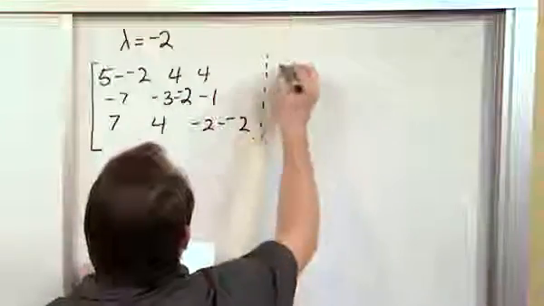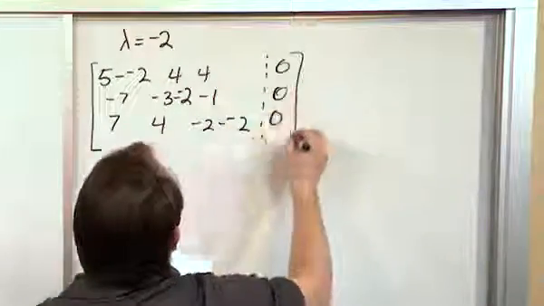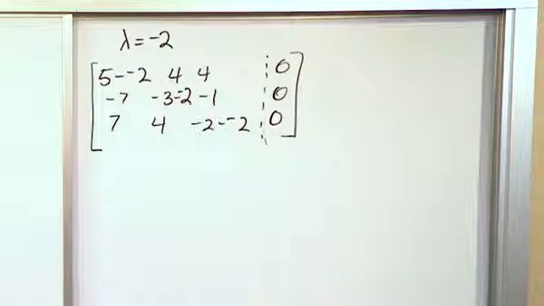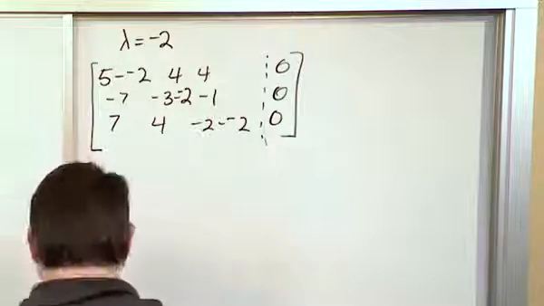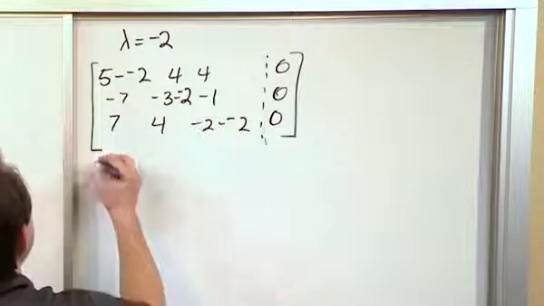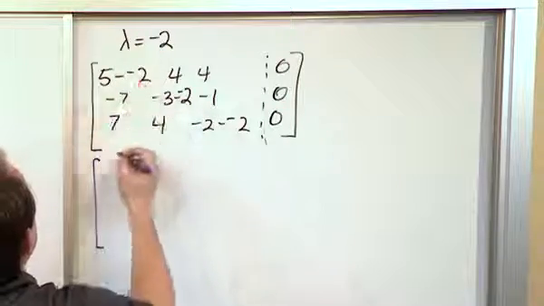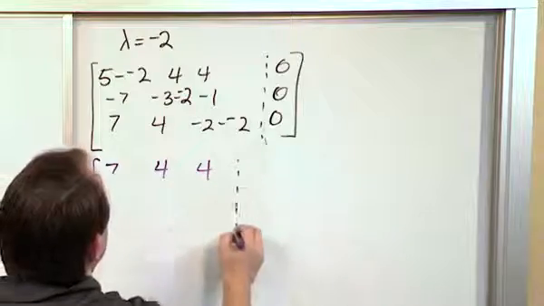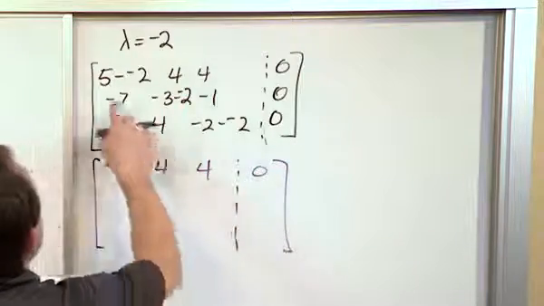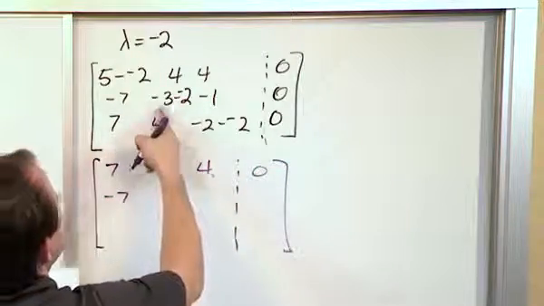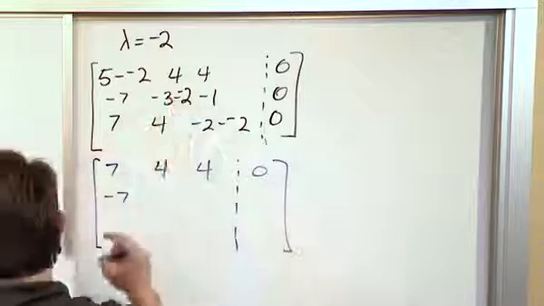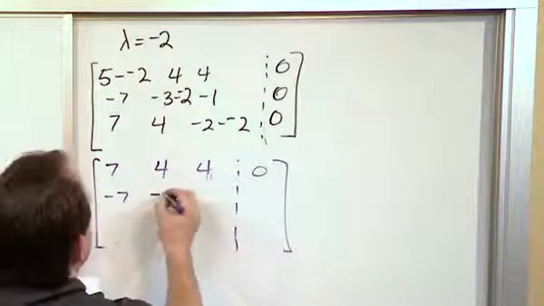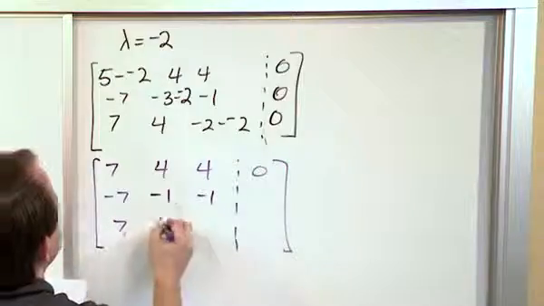Since we know we're going to set it equal to 0, we'll just put the zeros in here. So we have taken the eigenvalue and put it back into the problem, and what we end up getting: 5 minus negative 2 is 7, and then we'll have 4, 4, 0. This is negative 7. This becomes negative 3 minus a negative 2, which gives us negative 1, and then this is negative 1, 7, 4.